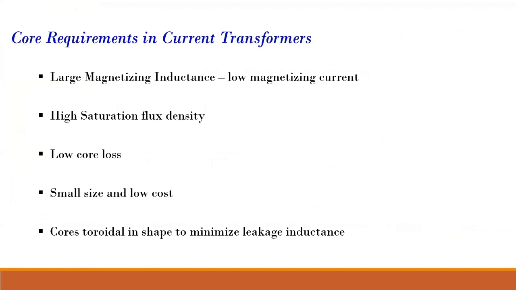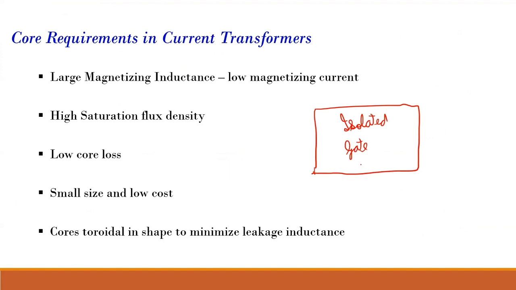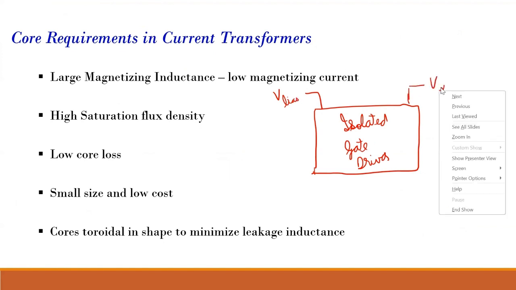Assume over here, I have not actually included the isolated gate driver. I was planning to, but I did not. But this is an isolated gate driver. This will be my V bias of the primary side, and this will be my V supply of my secondary side.